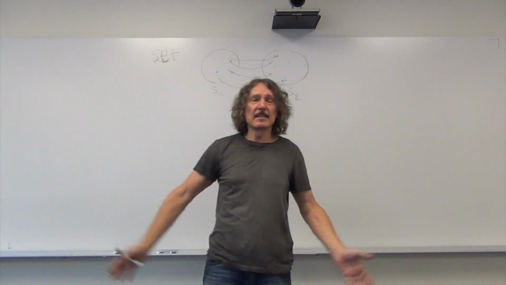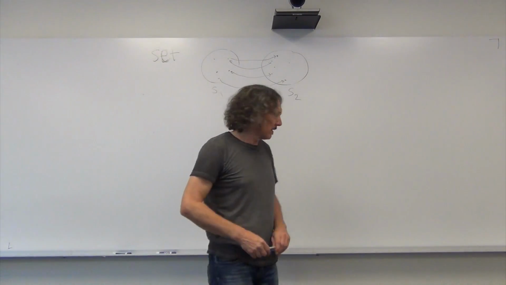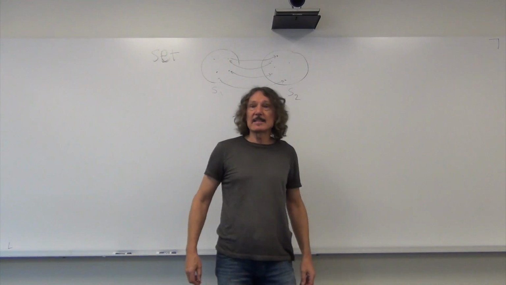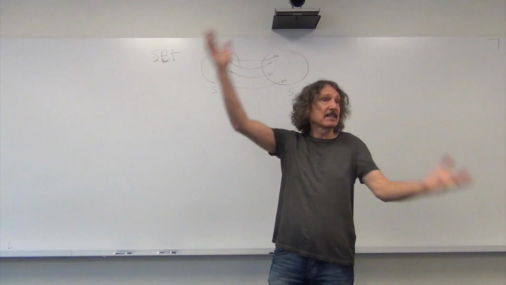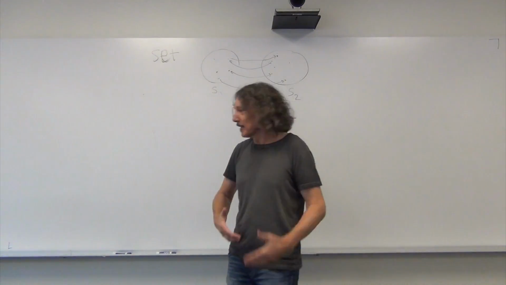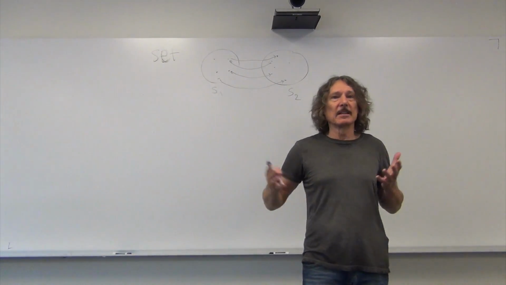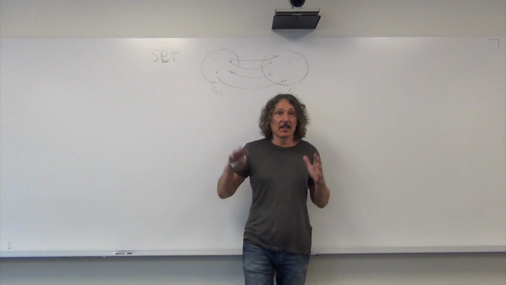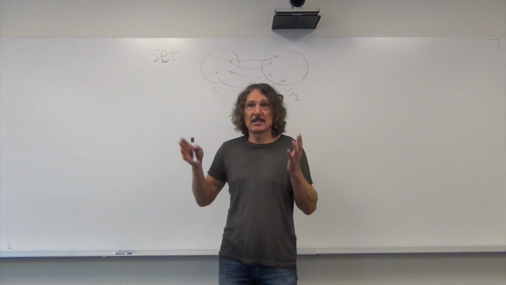So the set of all pairs forms the Cartesian product. Now we take a subset of this Cartesian product. We just pick some pairs, randomly or because they are meaningful. Any subset of this Cartesian product is a relation. By definition, that's a relation.